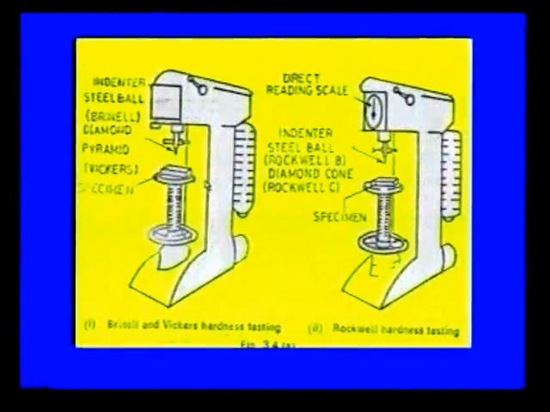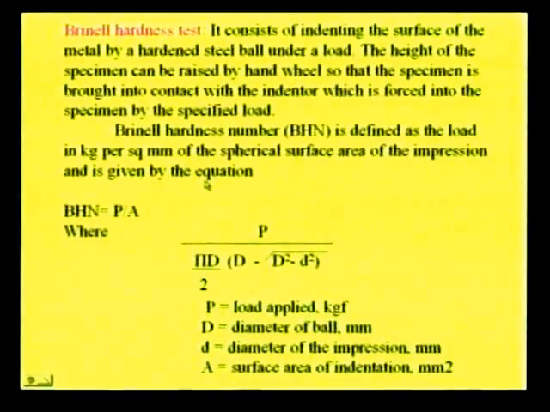The Brinell hardness test consists of indenting the surface of the metal by a hardened steel ball under load. The height of the specimen can be raised by a hand wheel so that the specimen is brought into contact with the indenter, which is forced into the specimen by the specified load.